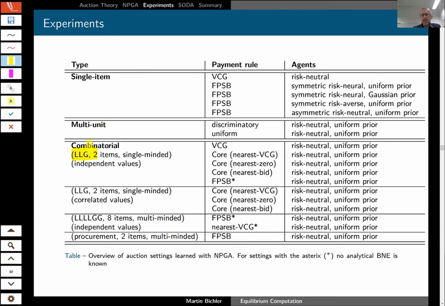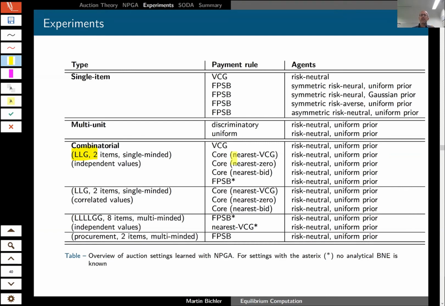So for some of you, this is very well known. This is kind of a standard model that's often being used in the literature on spectrum auctions. You essentially have two items, three bidders, two local bidders who are only interested in one item, and a global bidder who is only interested in the package, right? And this LLG model is very well studied, which is a big advantage. In particular, there is work by Ausubel and Baranov, and they provided analytical solutions for different types of payment functions.